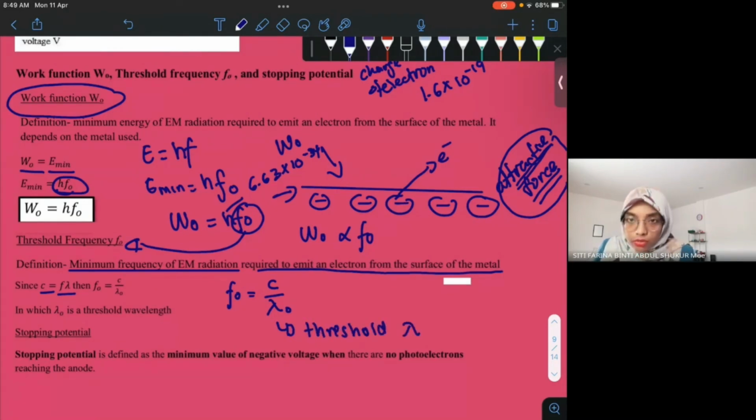Threshold wavelength. Okay, as you can see, your F naught is inversely proportional to lambda. So when we say threshold frequency is the minimum frequency, the lowest frequency, then our wavelength will be the largest wavelength because they are inversely proportional.